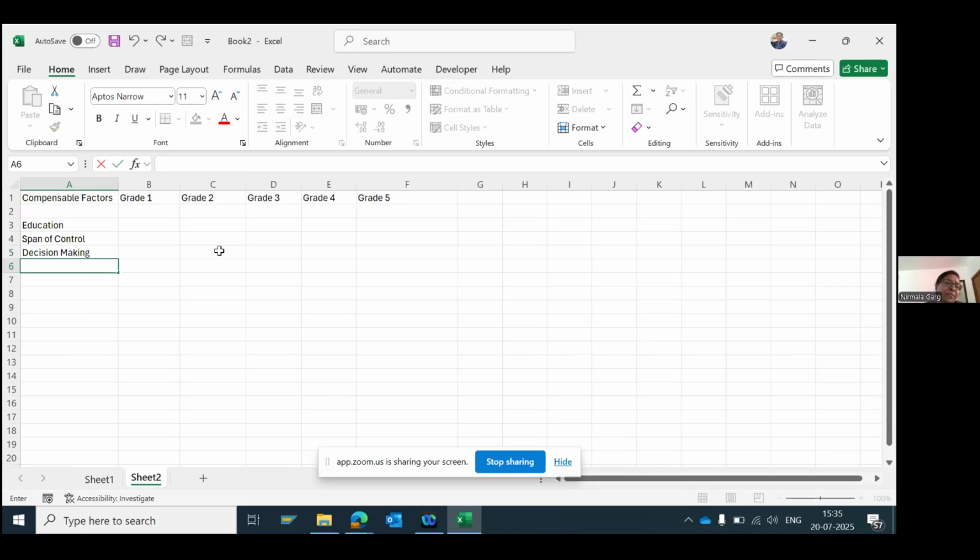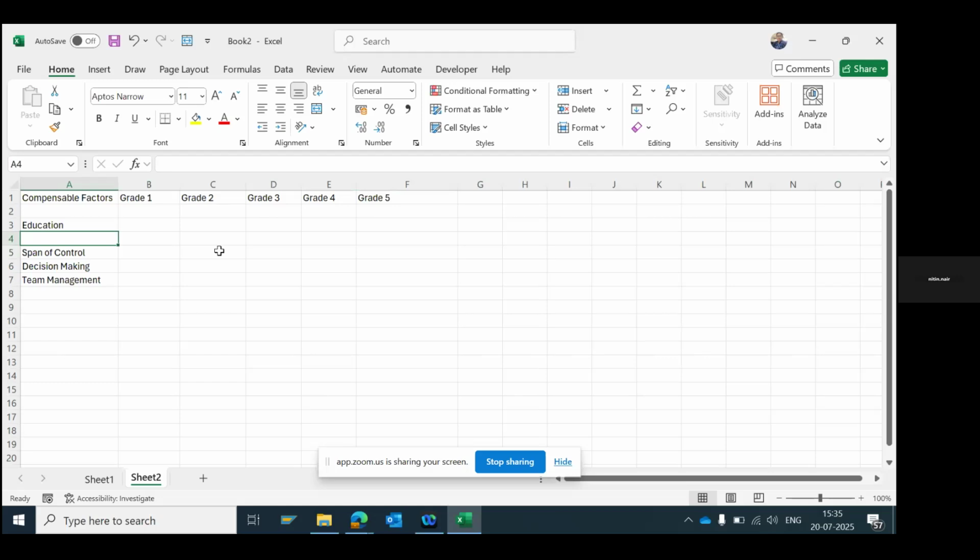Experience is very simple. Education, experience. Under experience, you write direct reportees maybe. Yeah, you have written span of control, experience, decision making. That's good enough. 1, 2, 3, 4. Only 4. Keep 4 because you're learning. Team management you can avoid.